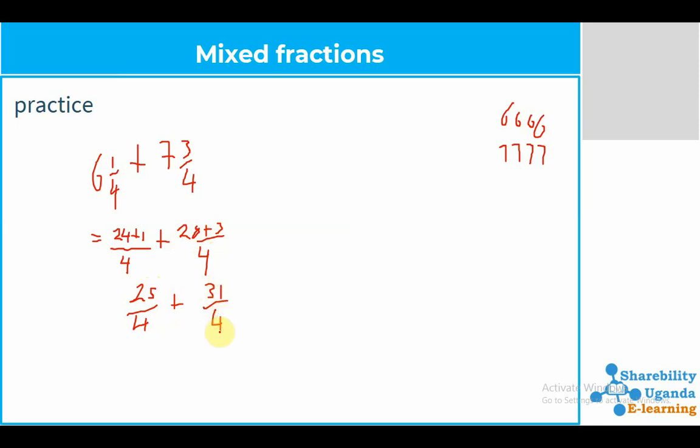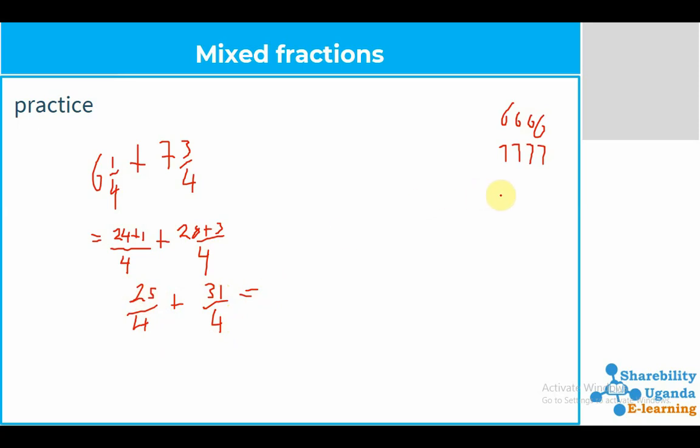So here we shall be able to add. Remember here we said when the denominators are the same, we just add the numerators. So here we shall be able to get 31 plus 25.